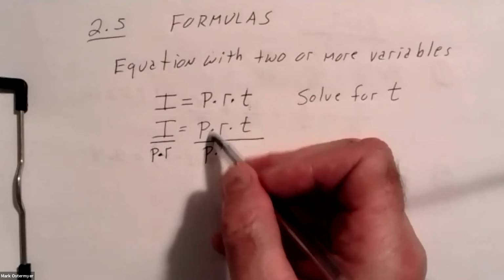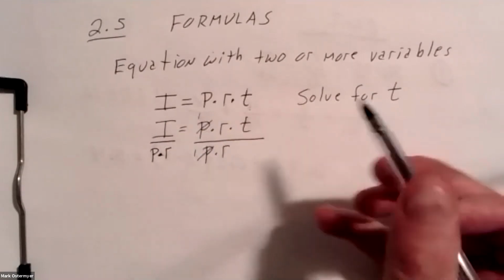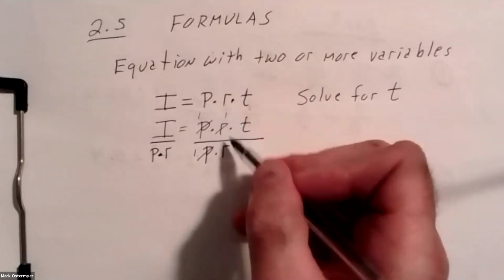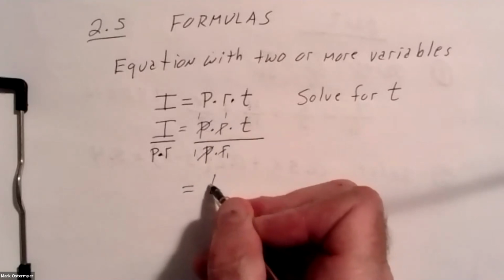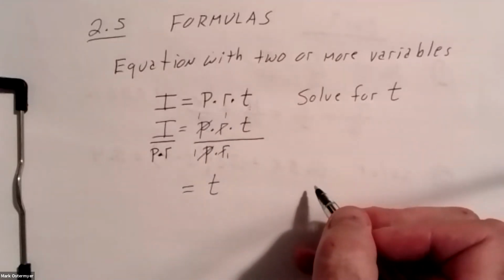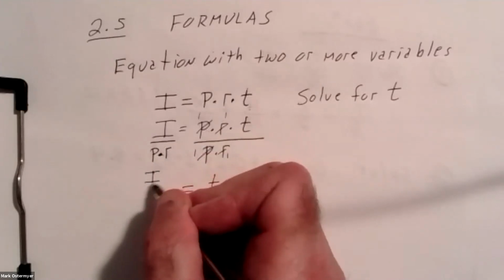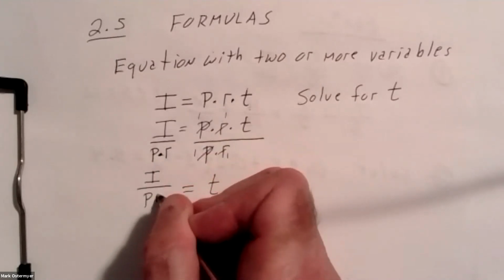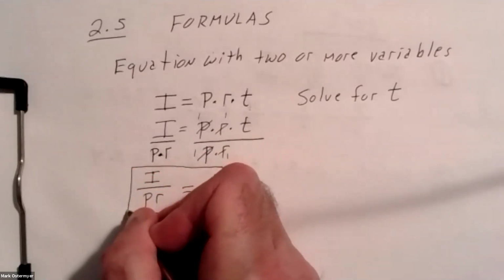It reduces to what? They cancel out and we leave behind ones. The R is also reduced out to ones. And what's 1 times T? T. Ladies and gentlemen, T, or time, is really equal to interest I divided by P times R. We have solved that formula for T.